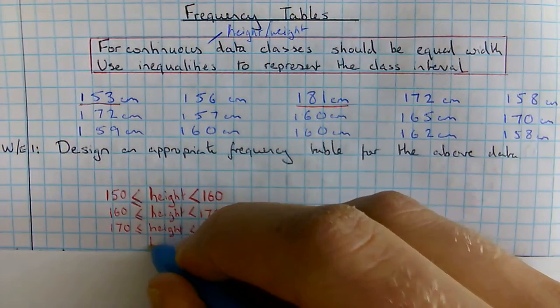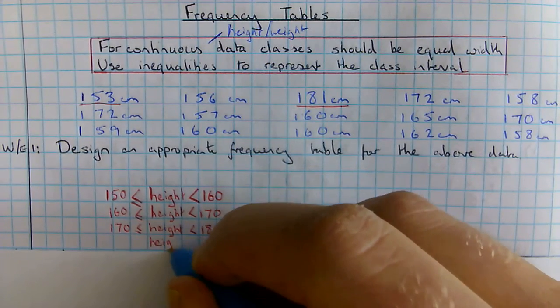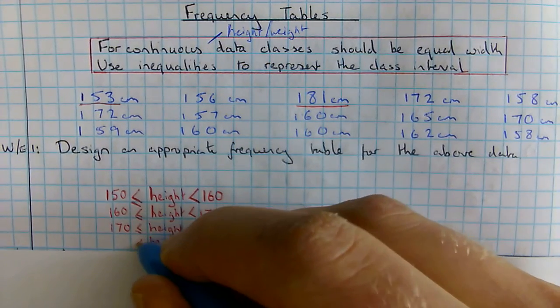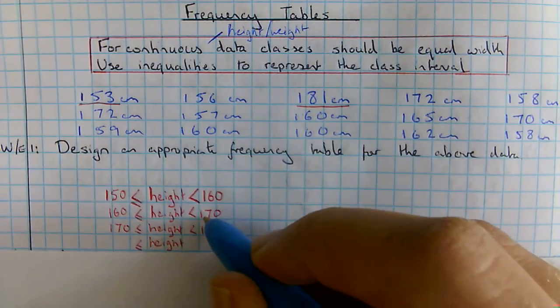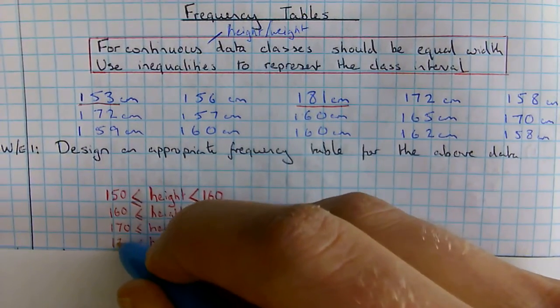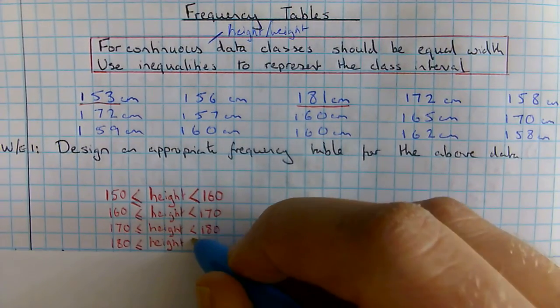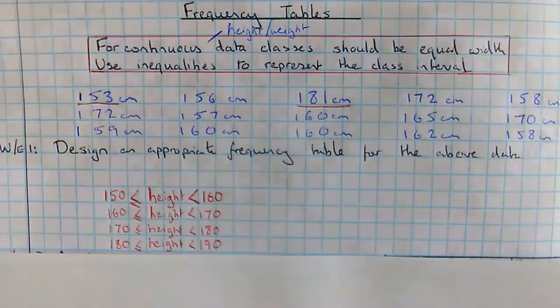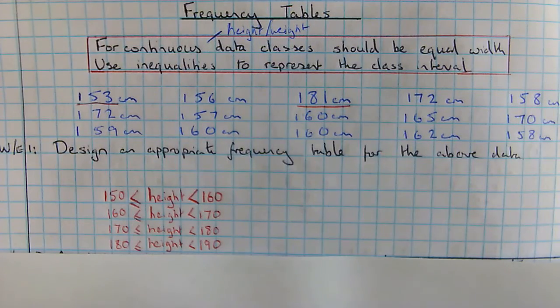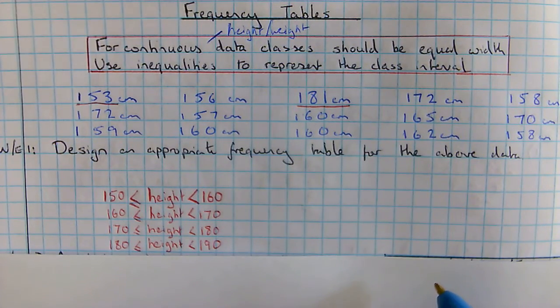And the reason why I do that is because it makes absolutely sure that I know 170, for example, goes in this class interval and not in this one. So there are my 4 class intervals. And normally, if it doesn't tell you how many intervals to make, somewhere between 4 and 6 tends to be a good way to summarise my data.